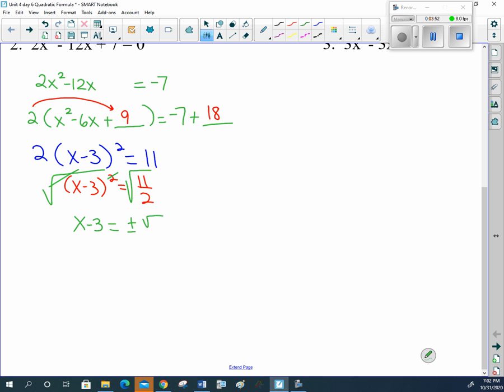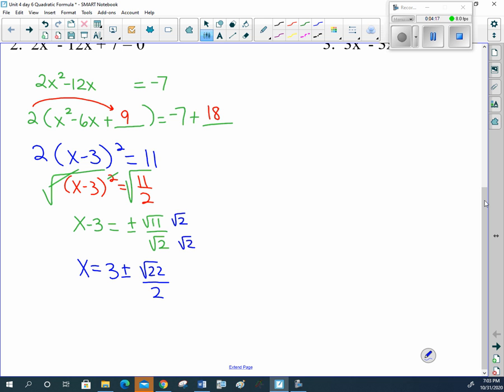That's going to be the square root of 11 over the square root of 2. So we need to rationalize that because we're not going to leave a square root in the bottom. So our final answer is going to be 3 plus or minus, and we're going to multiply numerator and denominator by root 2. And so we end up with square root of 22 over 2. So that's what we get for x on that one.